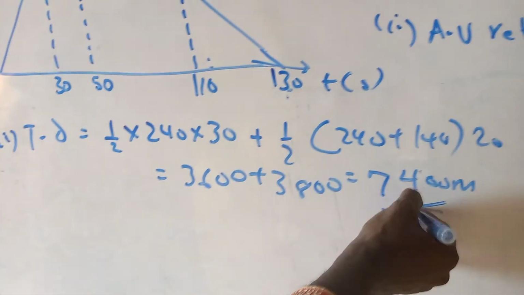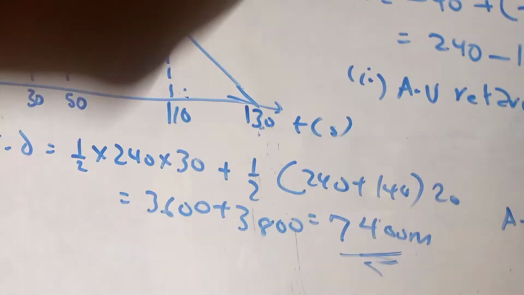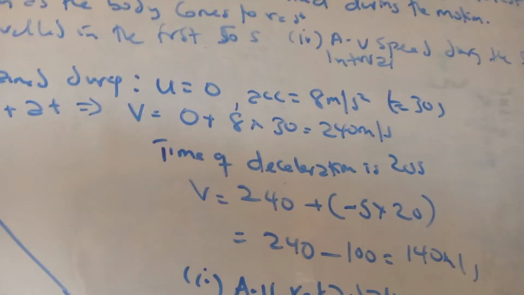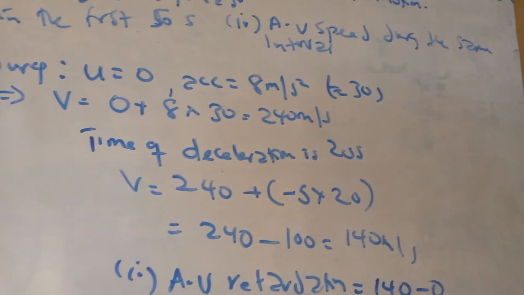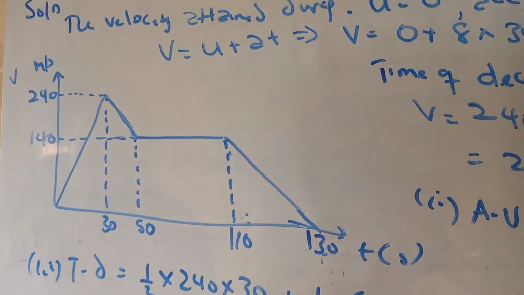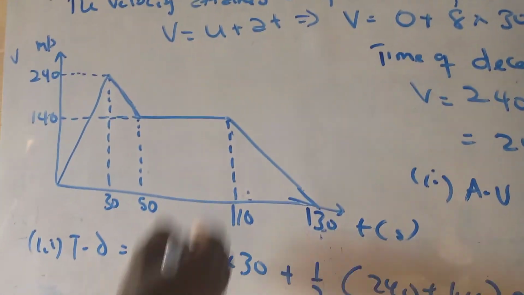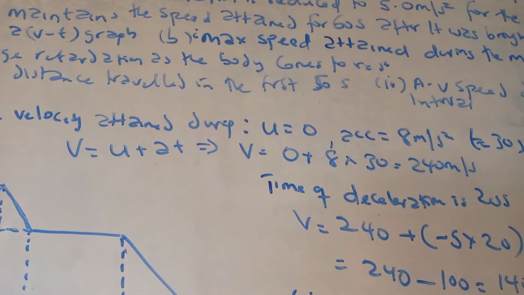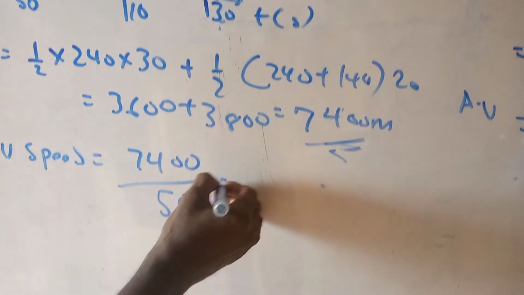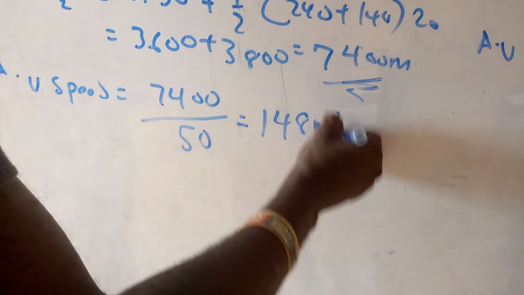That is the total distance covered in the first 50 seconds. The last question asks for the average speed in the same interval of 50 seconds. Since we have the distance, it's easy: average speed is distance over time, 7,400 over 50 seconds, which gives 148 meters per second.